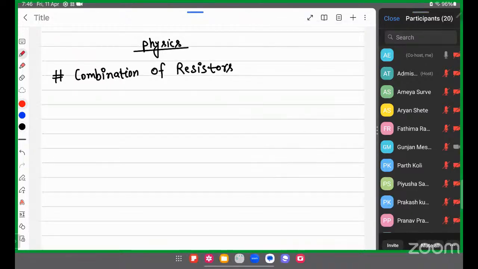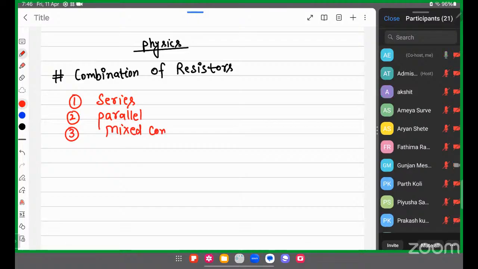How many combinations are there? If we have a certain number of resistors, we can arrange them in series combination, parallel combination, or mixed combination. Mixed combination means some of the resistors will be in series and some of them will be in parallel.